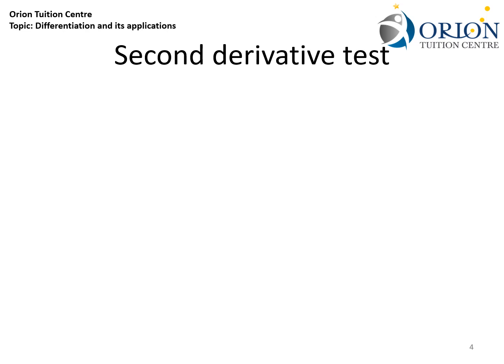The first test for the nature of a stationary point is the second derivative test. It makes use of the sign of d2y over dx squared to determine whether a stationary point is a maximum or a minimum point. So what it does is d2y over dx squared is actually d over dx of dy over dx. That means the gradient of the gradient.